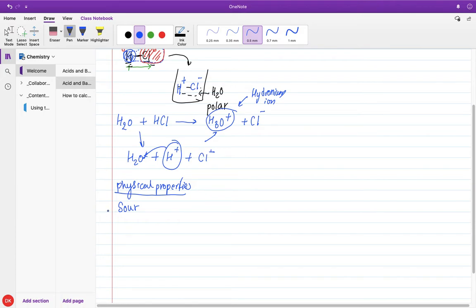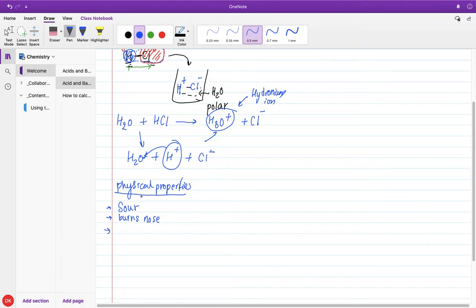Smell: it feels like it's burning your nose. When you smell it, it burns your nose. For example, when you burp and you had too much acidity, sometimes the gases that come out of your nose tend to burn a little bit.